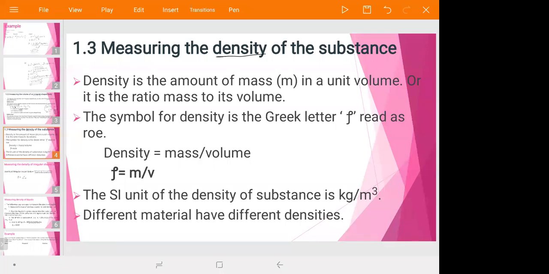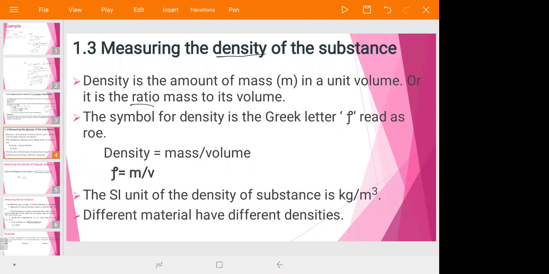When we talk about density, it is the amount of mass per unit volume, or the ratio of mass to volume. That means mass divided by volume.